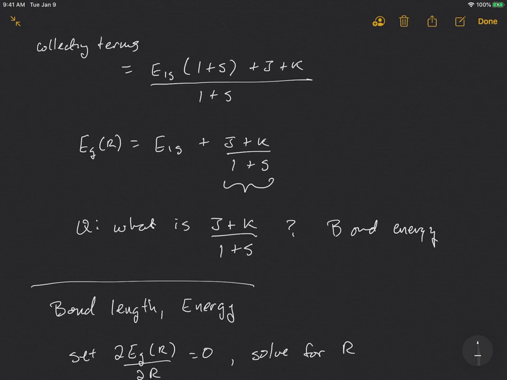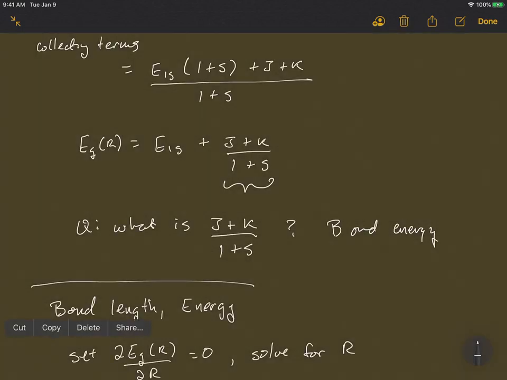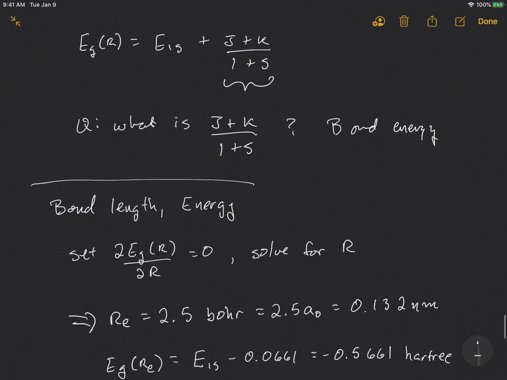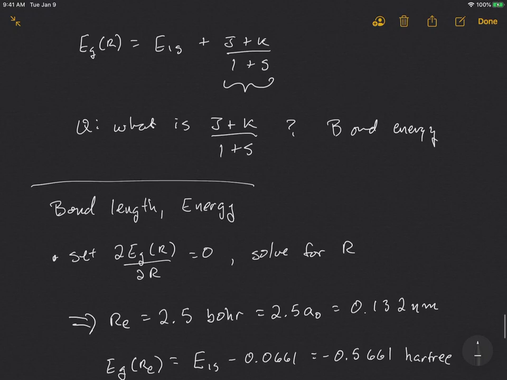But we're not quite finished yet, right? Now we have to apply the variational approach and determine our bond length and determine our energy of the system at the equilibrium internuclear distance. So our approach is we're going to set the partial derivative of the energy with respect to R equal to 0 and solve for R. So that's going to essentially minimize the energy.